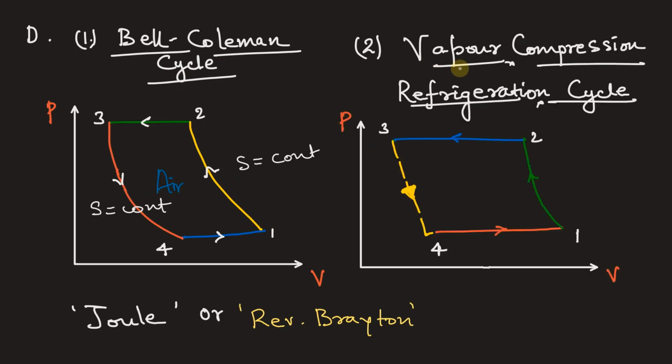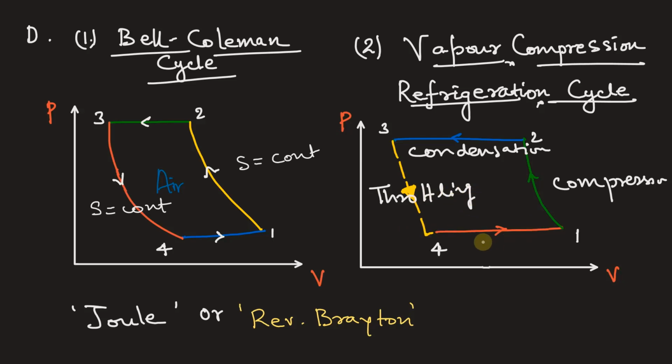Now the last one is the vapor compression refrigeration cycle. So in the PV diagram we can see that process 1 to 2 is compression, process 2 to 3 is condensation, process 3 to 4 is throttling, and process 4 to 1 is evaporation.